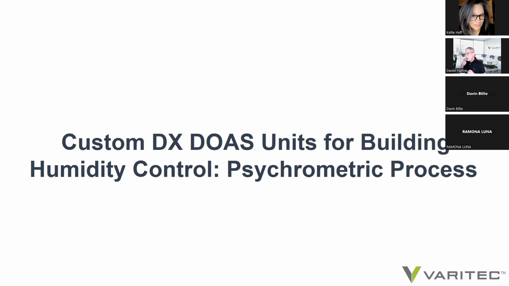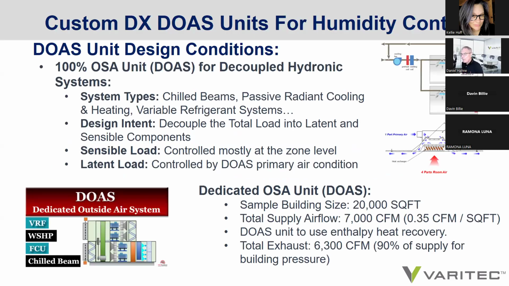Okay, another high-performance HVAC solution is the units used for 100% outside air systems, such as chill beams, passive radiant cooling and heating systems, and for variable refrigerant systems, which have been demonstrated to provide a higher level of energy efficiency for variable refrigerant designs.